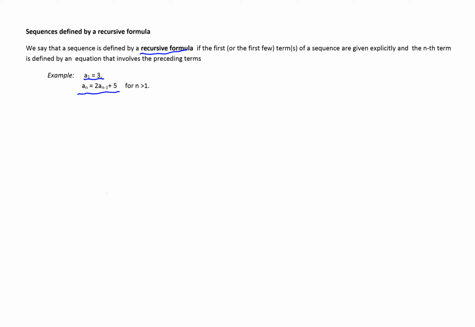So to compute the value of, for example, a sub 2, which means that I'm using n equal 2, I will use the equation and will get 2a sub 2 minus 1 plus 5, which is 2a sub 1 plus 5. So to compute the value of a sub 2, I need the value of a sub 1, which we have. It is given. So this is 2 times 3 plus 5, and it's 11.